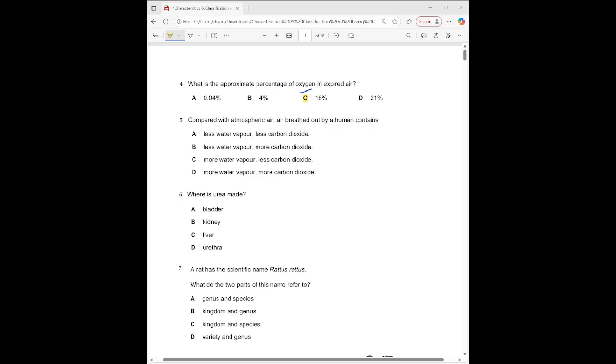When we breathe in, the air is cool, dry, and has little carbon dioxide. When we breathe out, the air has more carbon dioxide and more water vapor. We have more carbon dioxide because respiration in our cells produces CO2, and more water vapor because air passes through the moist surface in our lungs. So exhaled air has more water vapor and more carbon dioxide. So our option is D.